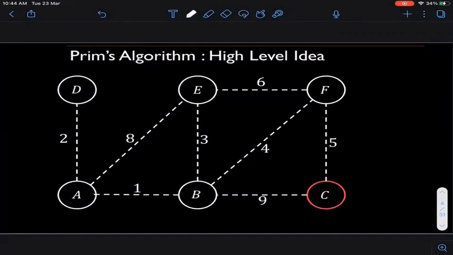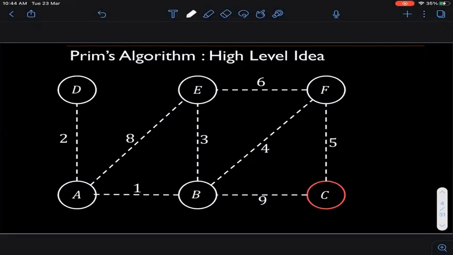Okay. So what is the basic idea of Prim's algorithm? Even before going into how edges are added and all that, what is the basic idea in how it tries to build a spanning tree? So the idea is the following: Prim's algorithm always maintains a subset of vertices.